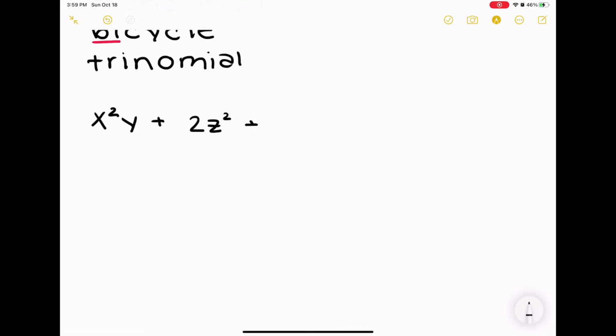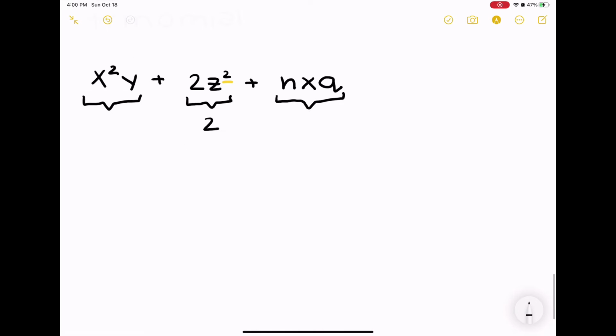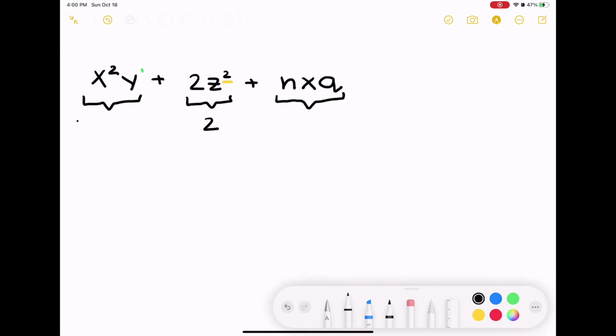Now let's go ahead and find the degree of this polynomial. x squared y plus 2z squared plus hx cubed. Now remember, the degree of a polynomial is the highest degree. So let's start with the easiest one. This one is pretty straightforward. The degree is 2.